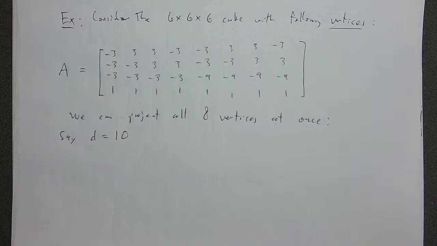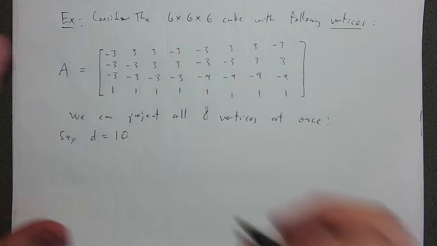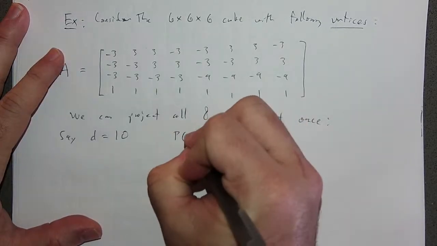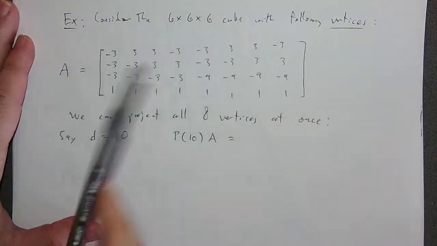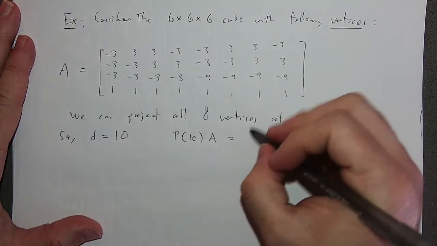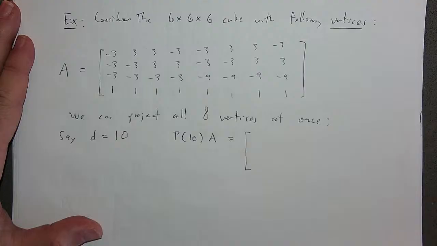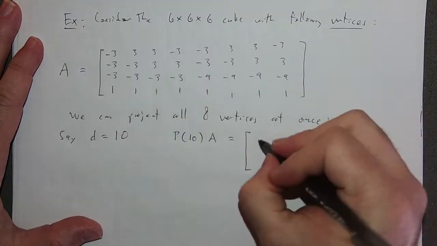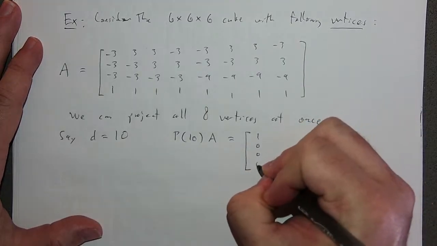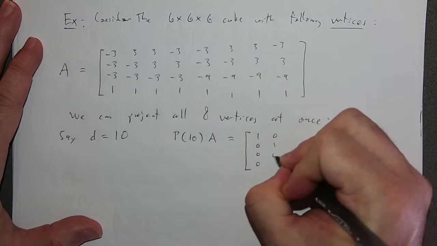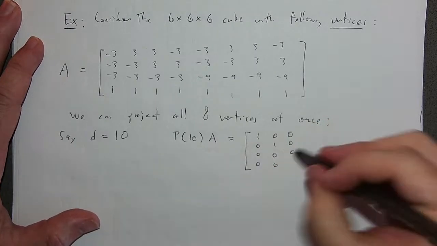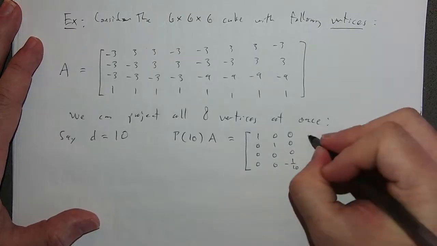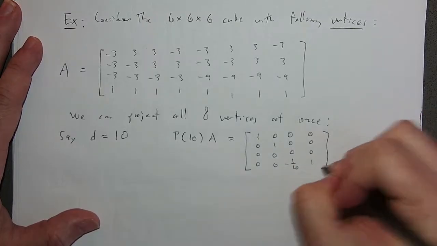What would I do? I would multiply P of D, which is P of 10, times A. I'm not going to rewrite A because it's huge. So P of 10 reading column-wise is 1, 0, 0, 0, 0, 1, 0, 0, 0, 0, 0, minus 1/10, 0, 0, 0, 1, and then you multiply that by A.